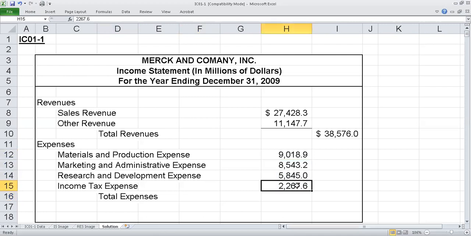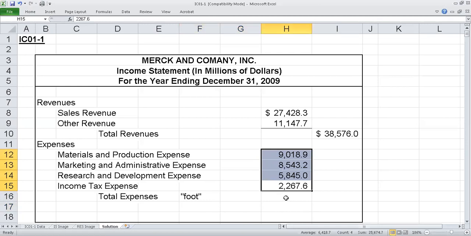We'll draw a single line under 2,267.6. Again, that single line means do some math, and the math that we're going to do is addition. So here's a fun little old-timey accounting word for you: foot. It's an accounting slang expression. When you say foot the column, that's just an accounting way of saying add up all the numbers in a column.